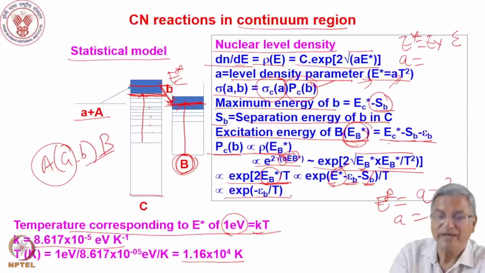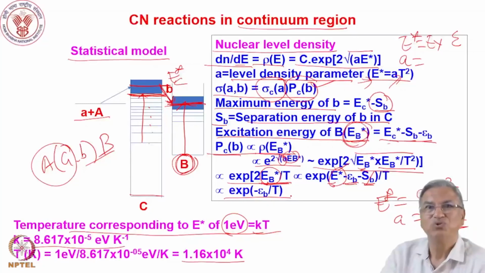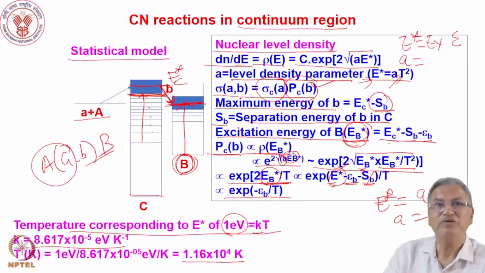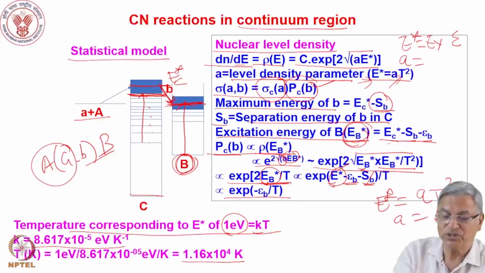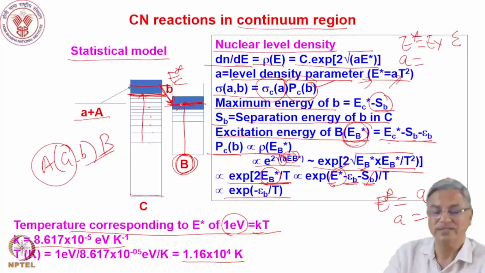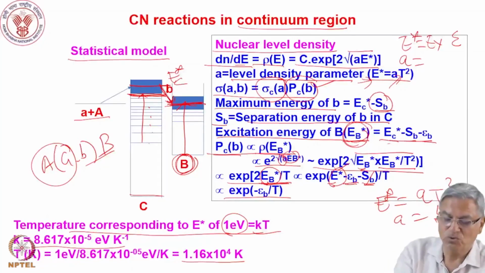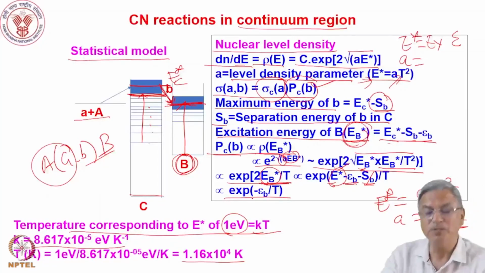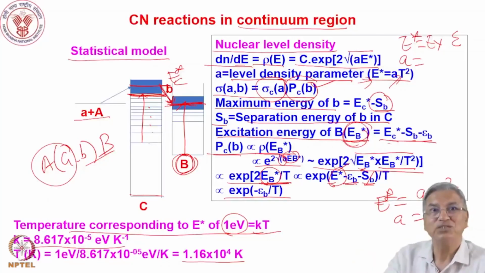Particle energy upon temperature. The probability of decay of the compound nucleus into the residual nucleus in certain states is proportional to e raised to minus epsilon B upon T, where epsilon B is the kinetic energy of the particle.